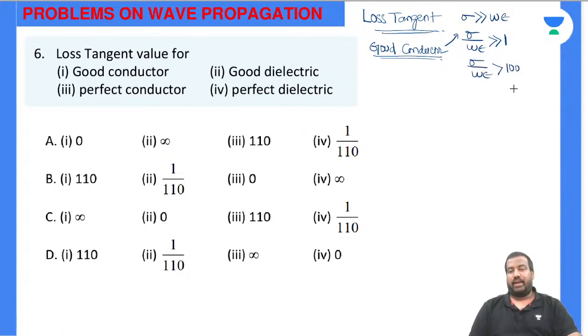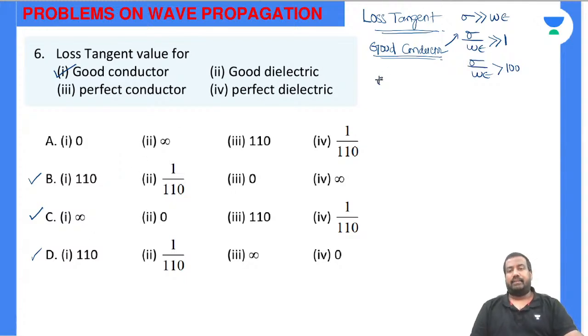For a good conductor, it must be greater than 100. Not the case for 0. 110, infinity, 110. Three chances are there. Not C, dear. Greater than 100, but we can't say infinity. Chance is there, B, C, D, we'll see.